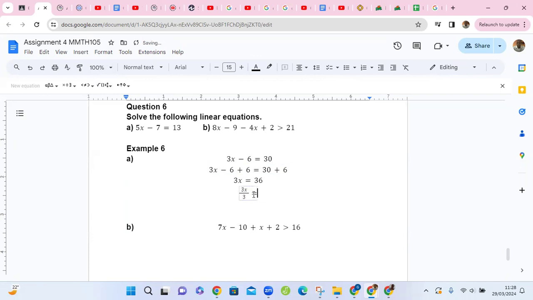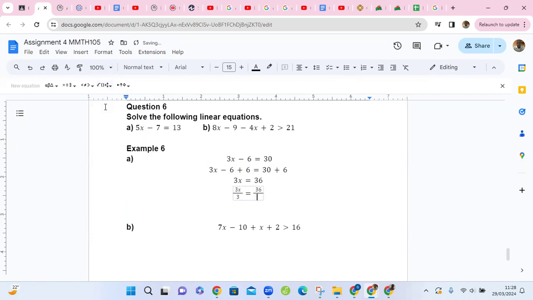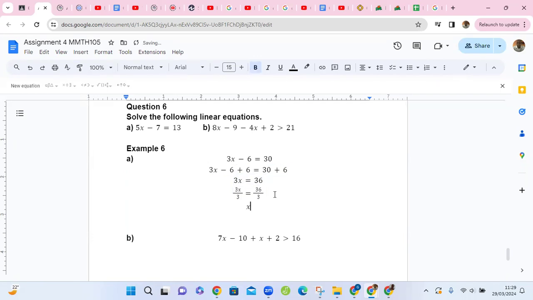Now, if we divide on the left, we've got to divide on the right. So we divide by 3 on the right also. And what we are left with now is x is equal to, because that's what we want to achieve, x alone on one side of the equation, x is equal to 12.